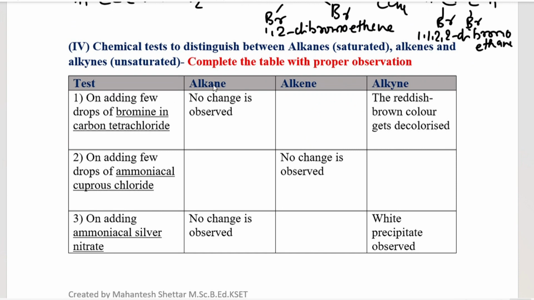Last, sometimes these kinds of questions are also asked: how do you distinguish alkane, alkene, alkyne? Very important. I just gave you the table; complete it with proper observations only. I have not given any equation. On adding a few drops of bromine in carbon tetrachloride to alkane, alkene and alkyne: alkane, no change observed. Alkyne, the reddish brown color gets decolorized. The same thing happens for alkene, the reddish brown color gets decolorized, because what is this reaction?